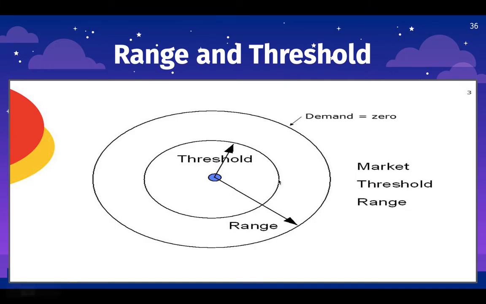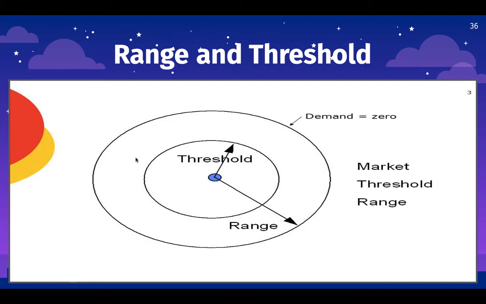Here's a demonstration of range and threshold within this central place theory. This outer circle is where demand becomes zero because the range is just too far. Between this outer circle and the central place, this blue dot here, represents the range that people are willing to travel.